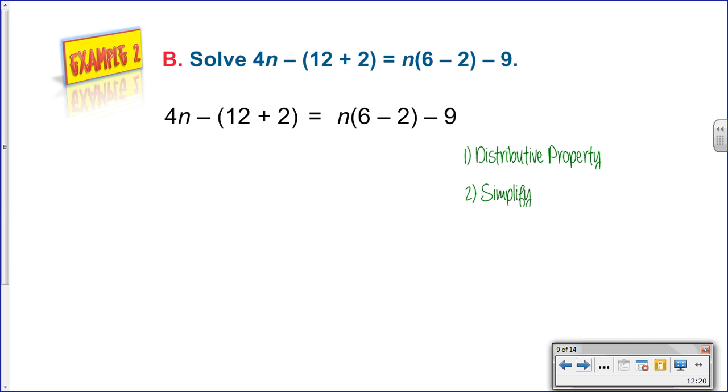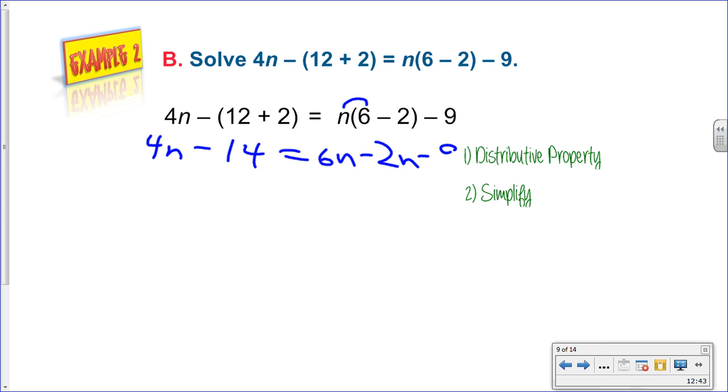Okay, here we go. You guys ready? Right as I write. 4n minus what? 14, good. Equals. What's n times 6? It's the distributive property, isn't it? Minus what? 2n minus 9. Good.